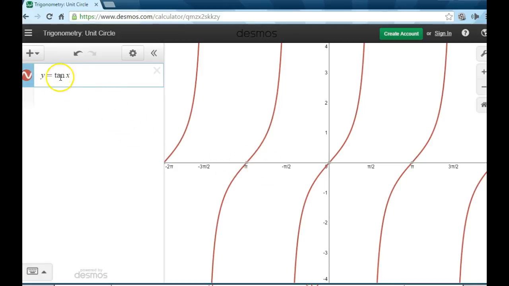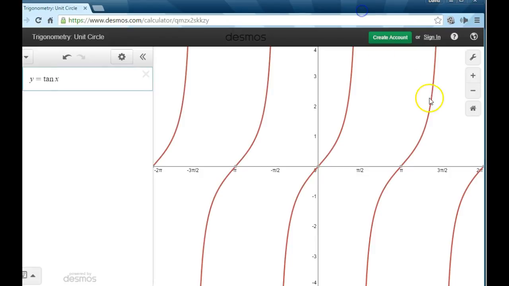So anyway, here's the tangent function, negative 2 pi, over here to the other side, positive 2 pi. So we're going forward 1 revolution, we're going back 1 revolution, and we can see that pattern. We don't see the vertical asymptotes at pi over 2 and 3 pi over 2, negative pi over 2, because they're technically not there. You can click on here and you get some points that are on the graph, as many as you need, to help you plot it.